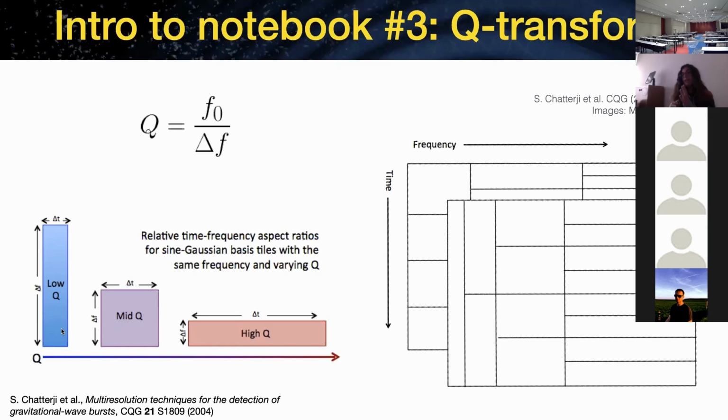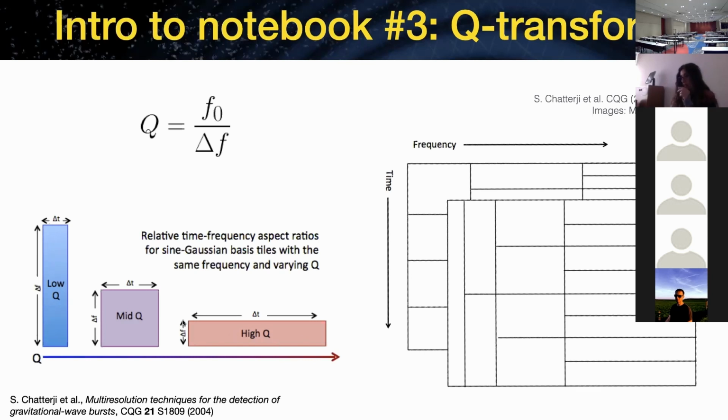But these tiles are not necessarily of the same width in frequency and time. You can have a tile that is very specific, concentrated in a small interval of time but a big interval of frequency, or vice versa.